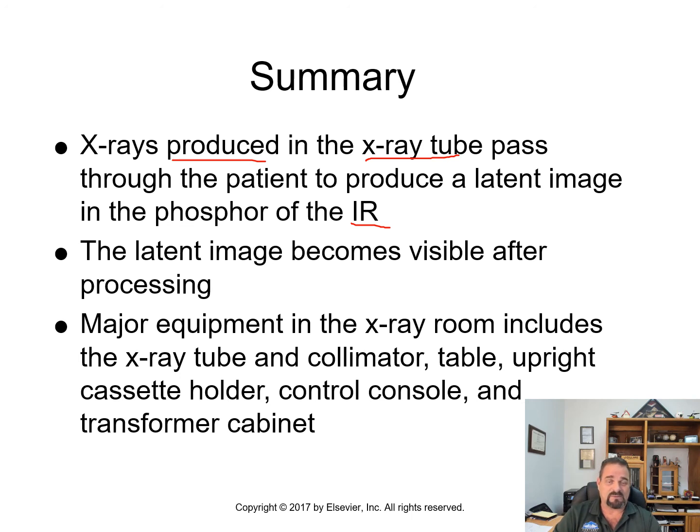The latent image becomes visible after computer processing. Major equipment in the X-ray room includes the X-ray tube, the collimator, the table, the upright cassette holder, the control console and the transformer cabinet. You can bet you will see this on a test, including the IR.